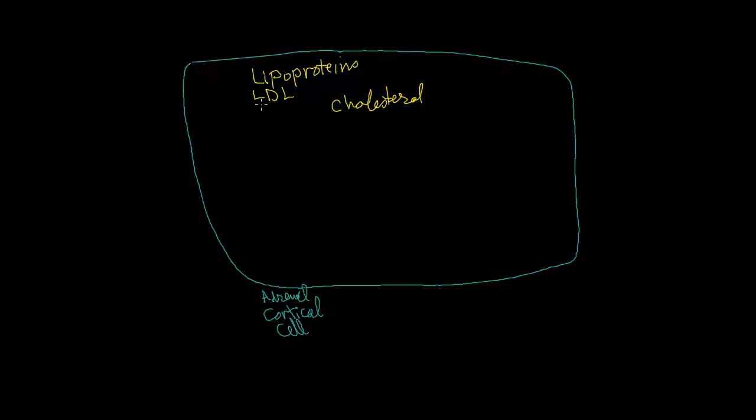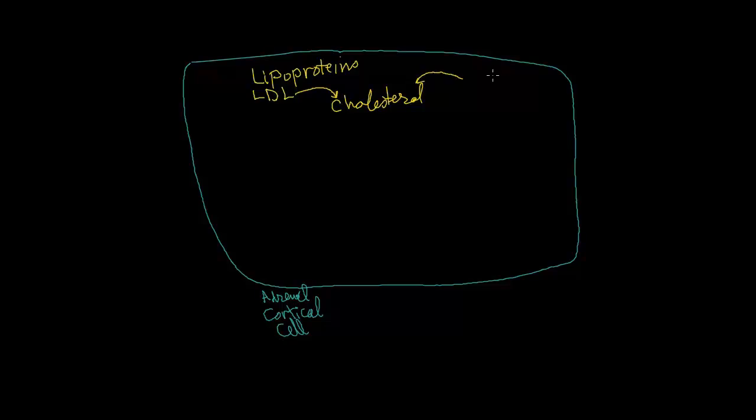And this is one of the major sources of its cholesterol. If you remember, we mentioned that also high-density lipoprotein have a scavenger receptor on steroidogenic cells in the adrenal cortical cells and also in the gonads. So they are uptaken by these cells as well. But the major source is the cholesterol coming from LDL.